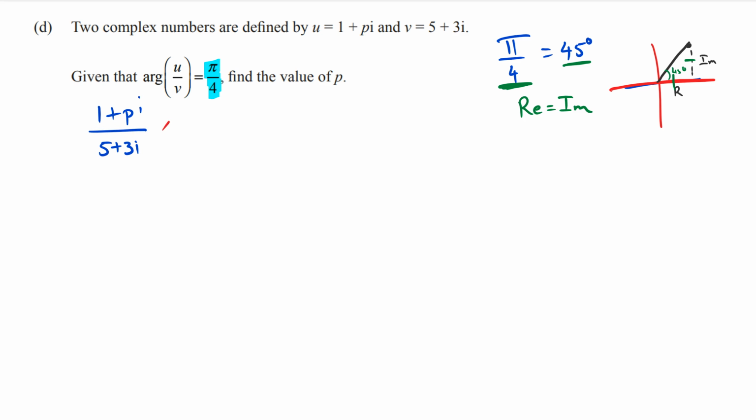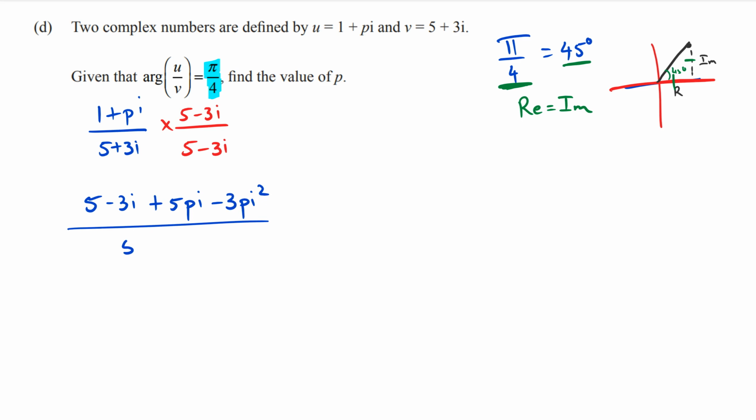So we're going to multiply it with its conjugate. So we've got 5 minus 3i and 5 minus 3i. When we do this, we're going to get 5 minus 3i plus 5pi minus 3pi squared, and the whole thing is divided by 5 squared minus 9i squared.